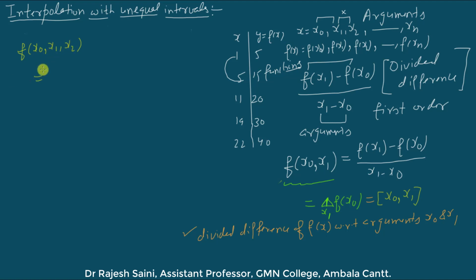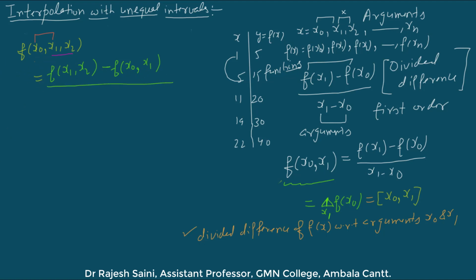So how will we do it? You will take the last two and write it as f of x1 comma x2, minus the first two, f of x0 comma x1, divided by the difference between the extreme arguments.